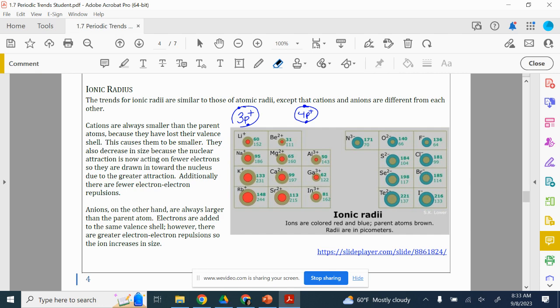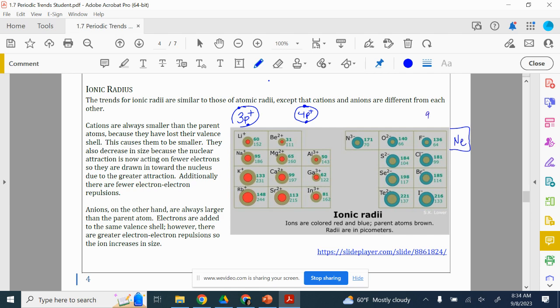Here we go. Now, these all want to look like what? What else is hanging out over here? It's not going to become an ion. Neon. Yep. They all want to look like neon. Okay. I have my fluorine.